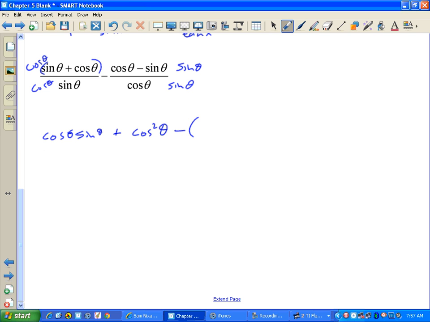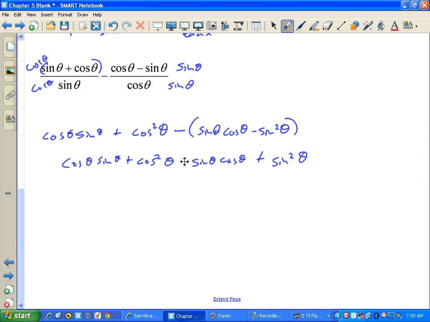This is minus, and I'm going to keep that minus outside for now. This would be sine theta cosine theta minus sine squared theta. Distribute my minus sign, so I've got cosine theta sine theta plus cosine squared theta minus sine theta cosine theta plus sine squared theta, and this is all over our common denominator of sine theta cosine theta.